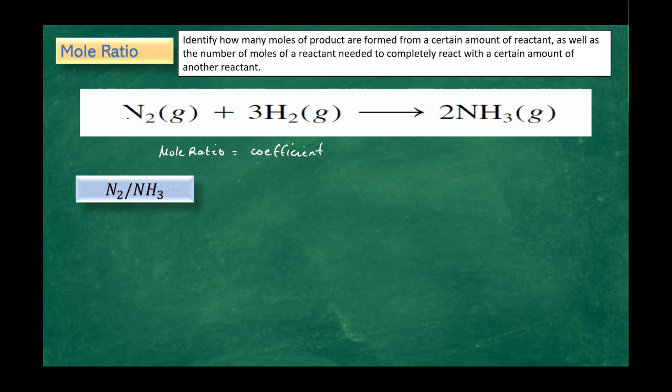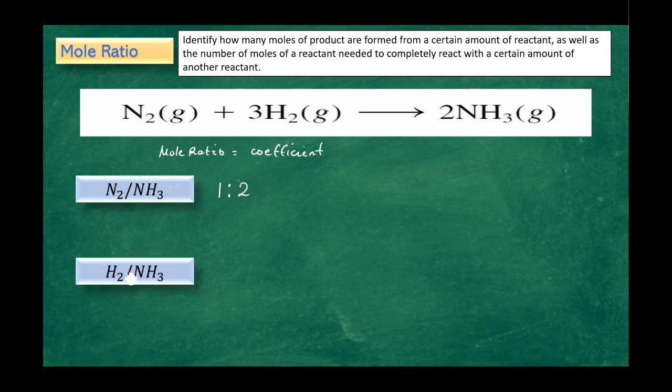So nitrogen here, if it is not written, meaning it is equal to 1. We have ammonia, our coefficient here is 2. Therefore, our mole ratio is 1:2, reactant and then product, 1:2.